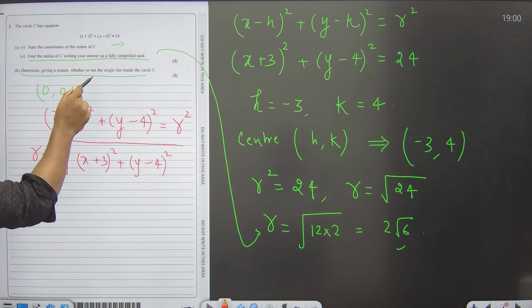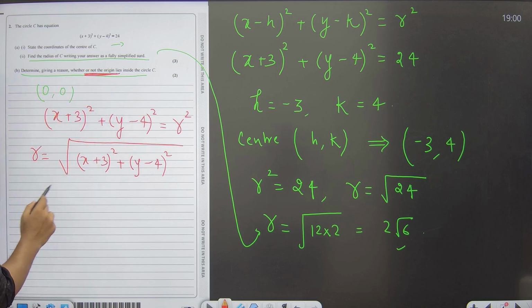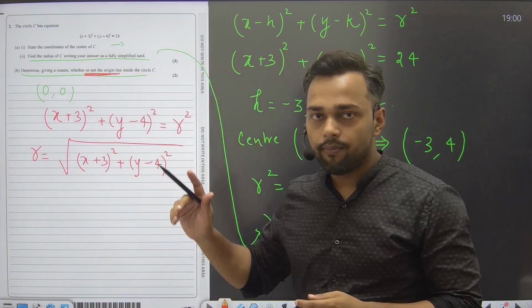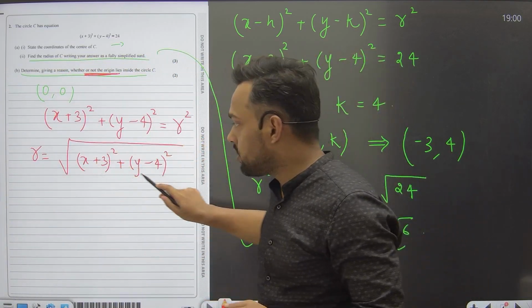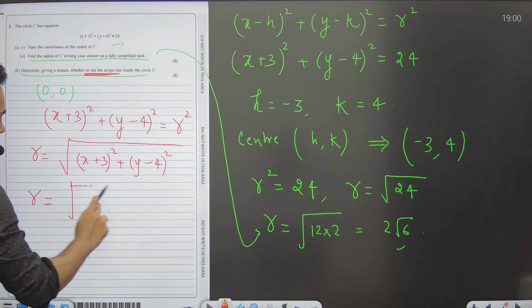Now the question is whether or not this origin lies inside the circle. So we know the origin is (0, 0). So we will plug the value of the origin into this particular distance formula.